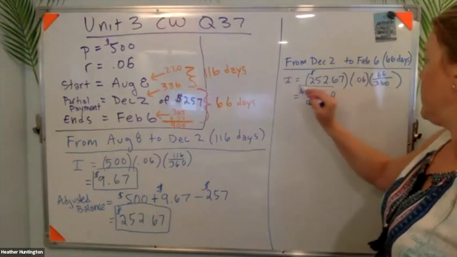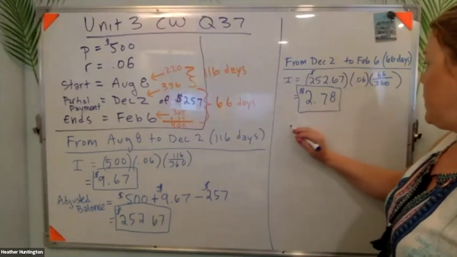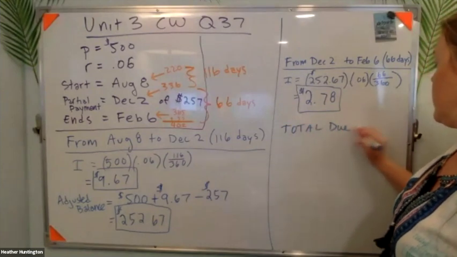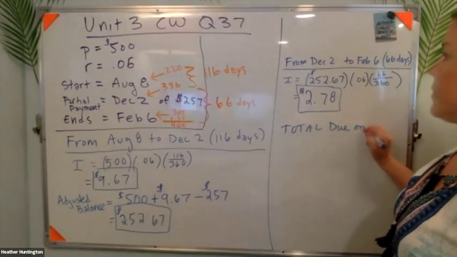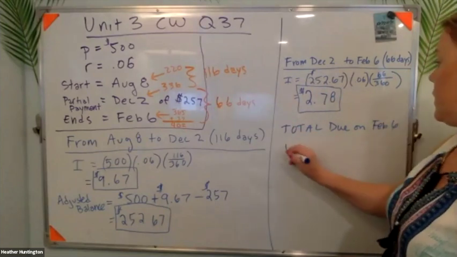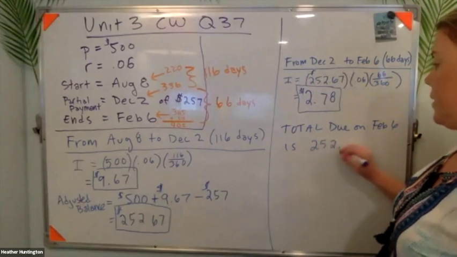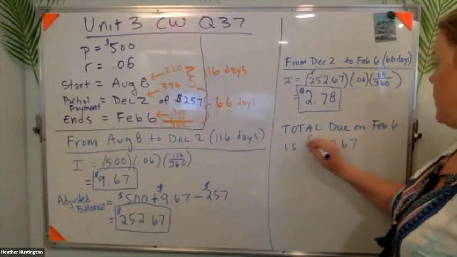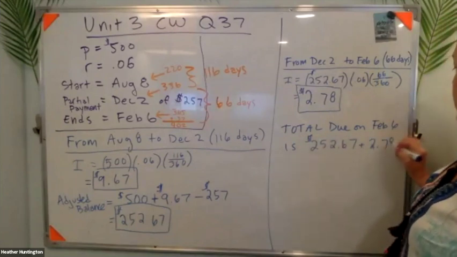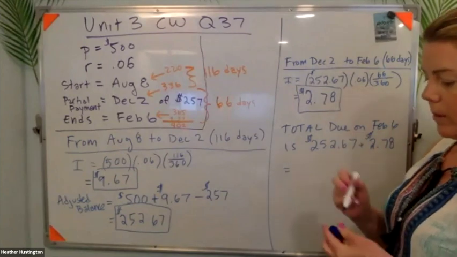Okay, well, our adjusted balance was $252.67, so the total due on February 6th is $252.67 plus $2.78. They might seem like, oh, who cares about $2?